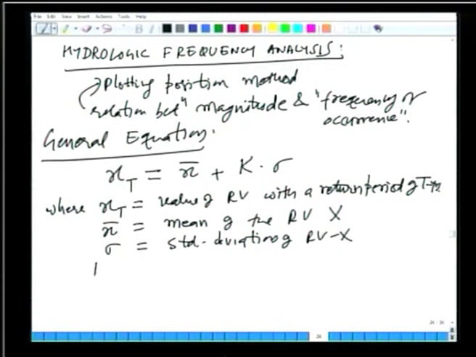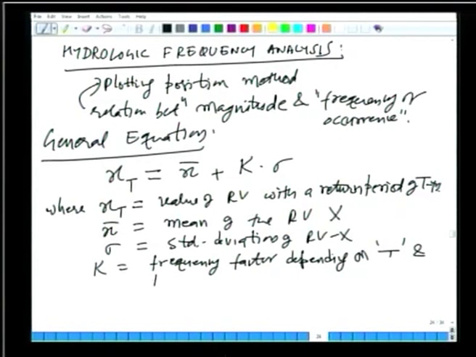All right. And K is something important, which is defined as the frequency factor. K is the frequency factor depending on T and the assumed frequency or probability distribution.